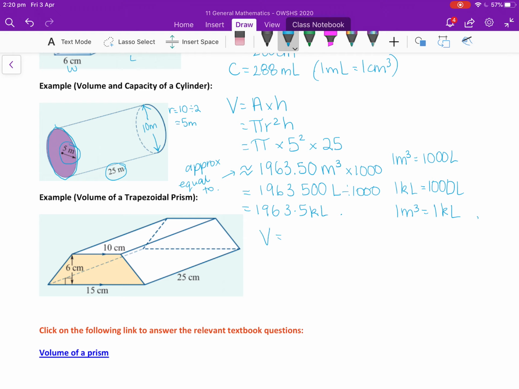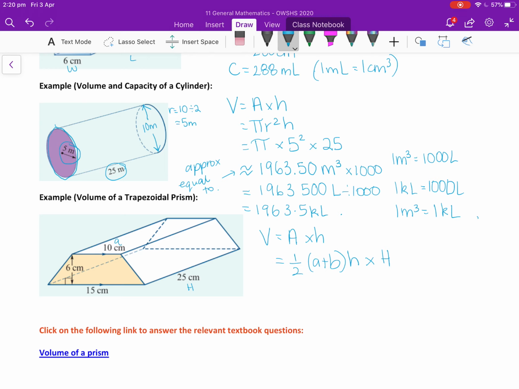So our rule again remains volume equals the area times the height. Now, our area for a trapezium is half A plus B, being the top and bottom of the trapezium, the parallel sides, and times the height. And then again, we're timesing. Now I'm just going to use a capital H to represent the height of the actual prism. Okay, so our capital H is here.